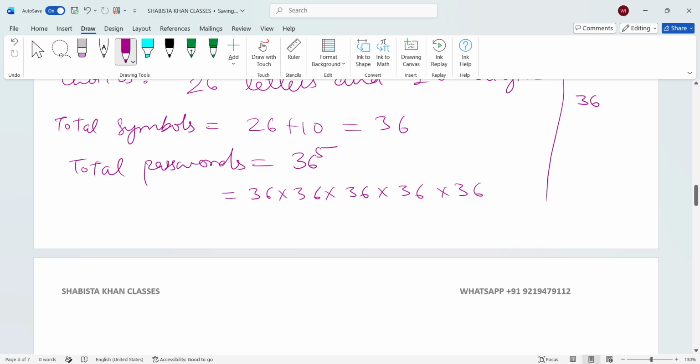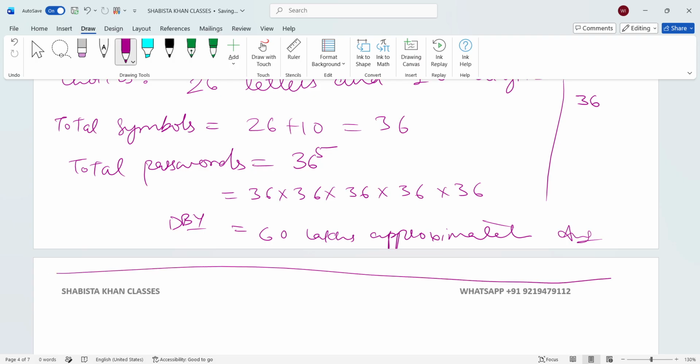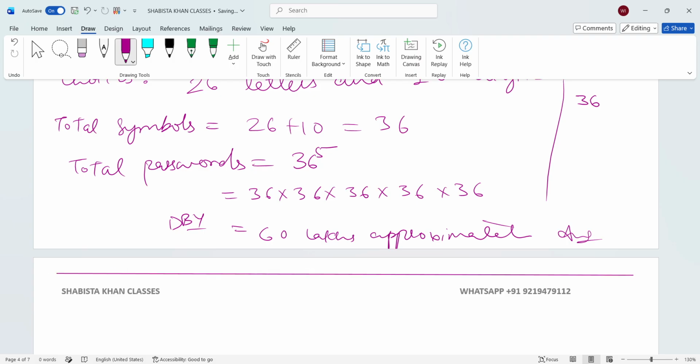You have to do the calculation by yourself. You will get a figure of about 60 lakh something approximately. So this is your answer. Any doubt? No doubt. Okay, move on.